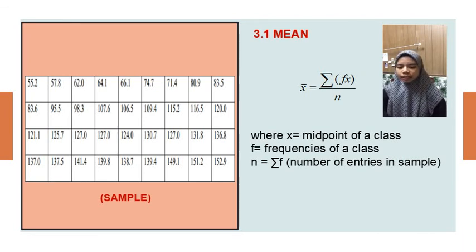The formula of mean provided in this slide is x-bar equals the Greek capital sigma in bracket fx divided by n, where x is the midpoint of a class, f is the frequency of a class, and n equals the Greek capital sigma f, the number of entries in the sample.